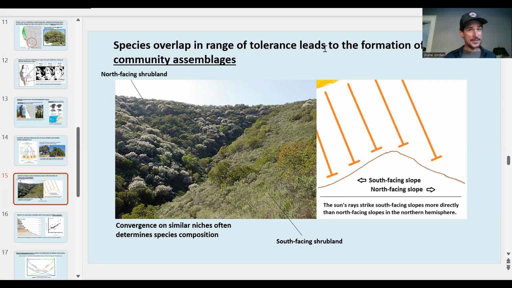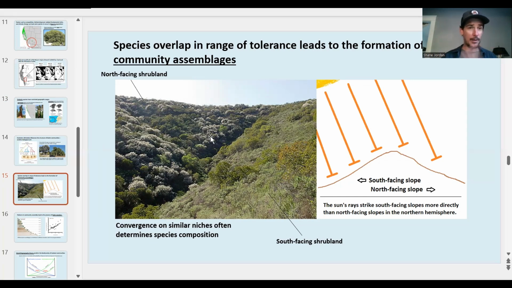And a very obvious example of this, even on a local scale, comes with looking at how the distribution of plant communities varies depending on the direction that slopes face. So this image here shows a chaparral shrubland here in California. On the one side, we see a slope that faces north, and on the other side, we see a slope that faces south.